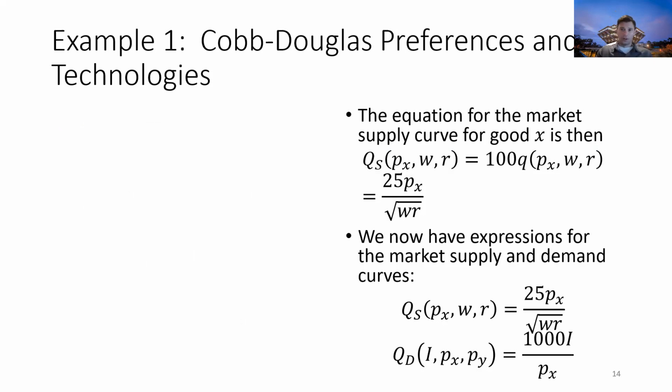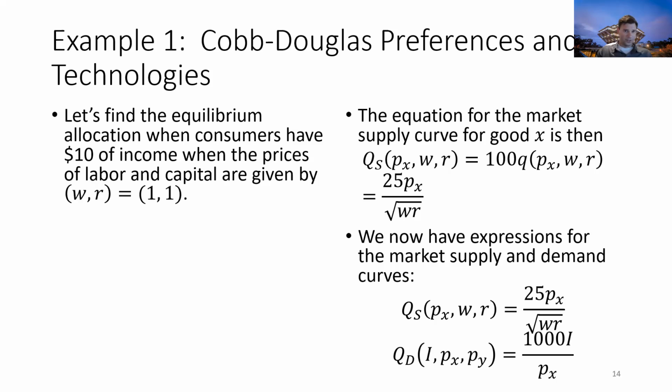All right, so let's go ahead and think about doing this. Let's suppose the consumers have $10 of income. So we're going to plug in a 10 for I over here. We're also going to be given the input prices. W and R are both equal to 1.